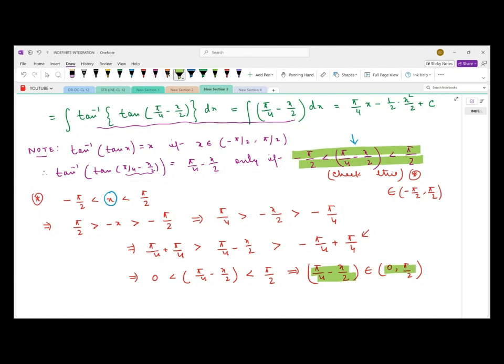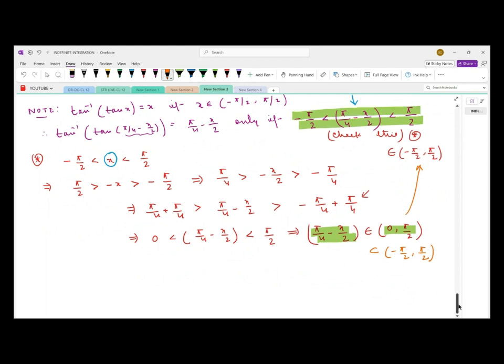But then 0 to pi by 2 is contained within this, right? This is actually a subset of minus pi by 2 to pi by 2. So we got what we wanted. It is within the minus pi by 2 to pi by 2. So that is why this is important.